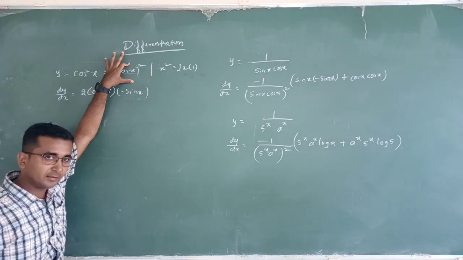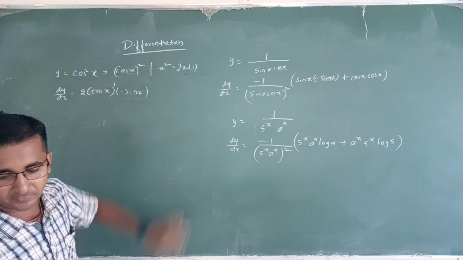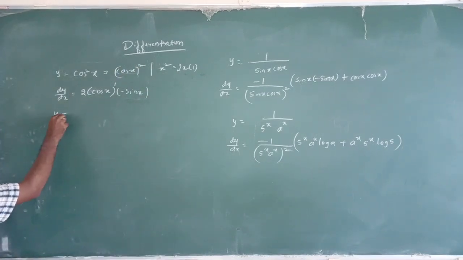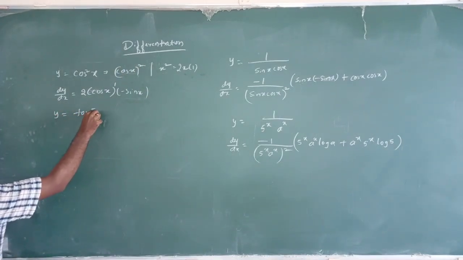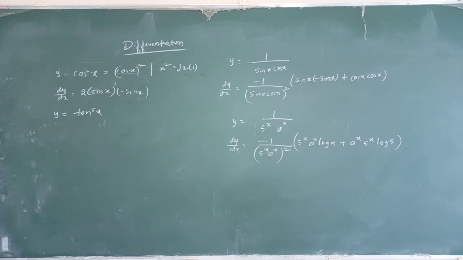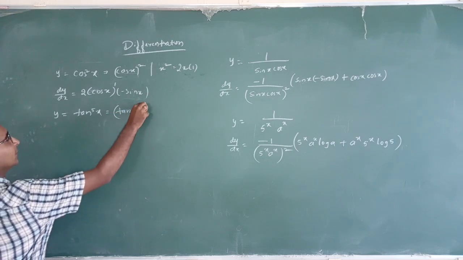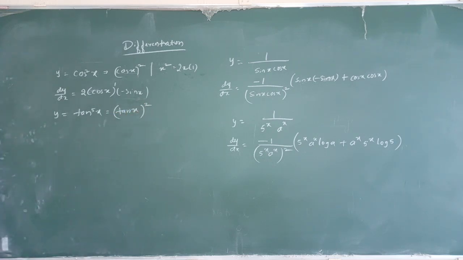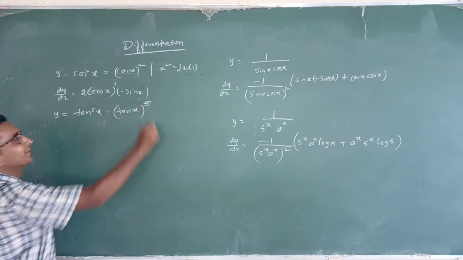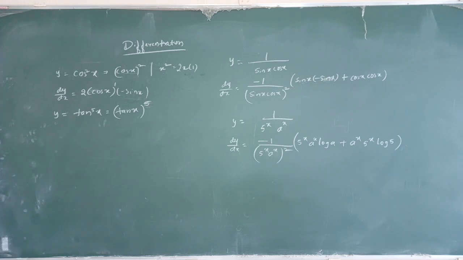Getting? Any doubt? Okay. The next one I will give: y equal to tan raised to 5x. This one I can write as tan of x whole raised to 5. I'm sorry.